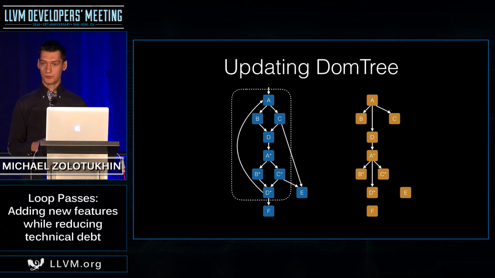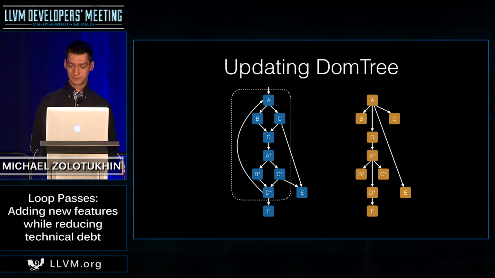Now we only have to compute dominators for exits. It's a bit more interesting because we actually introduced new paths leading to exits. For instance, exit E now can be reached from both C and C star. So to compute its dominator, we need to find the nearest common dominator of all predecessors of the exits, which in our case happen to be A for E and D star for F. And now we are done updating the dominance tree for this part of the control flow graph.